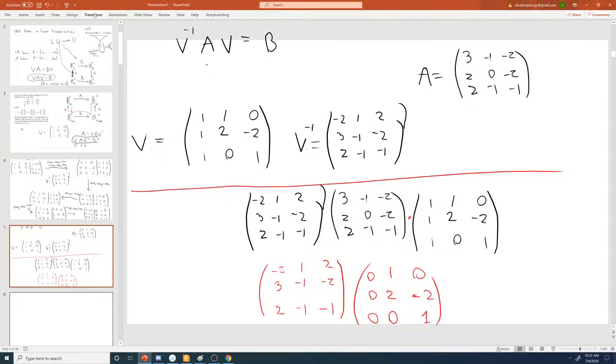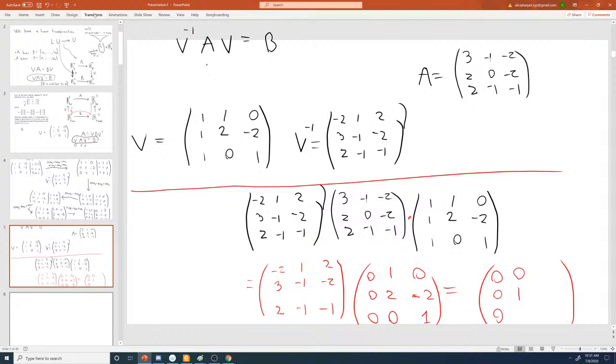So now I have to multiply this by this. And so this is the final step of the computation. I'm going to get 0, 0, 0 here. That's easy. When I multiply the second column by this first row, I get 0. When I multiply this by this, I get 1.